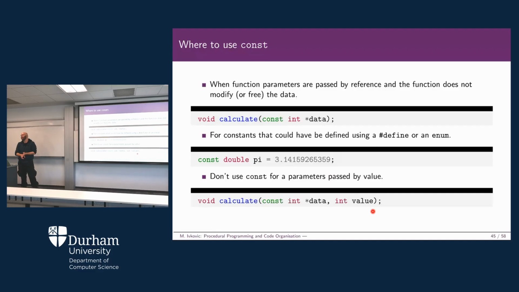They are going to be passed as a copy anyway, instead of by a reference. So there, it doesn't really make much sense to declare them const. Although I will admit I do that nevertheless sometimes, if it makes sense to me to tell myself, look, I'm not going to modify this value. So this is supposed to be a read-only variable. Even though, at least performance-wise, it doesn't make sense and does add a little bit of code bloat.